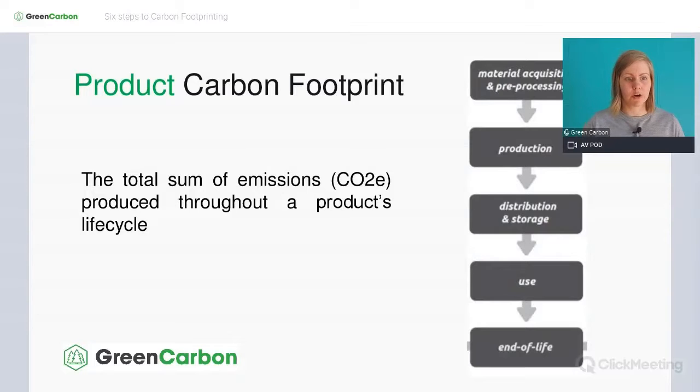And then the product carbon footprint. It means the total sum of emissions produced throughout the product life cycle. So we don't calculate only those emissions that your company is causing, but it has to include the whole life cycle. On the right side, you can see a simplified picture of the different life cycle stages of products.